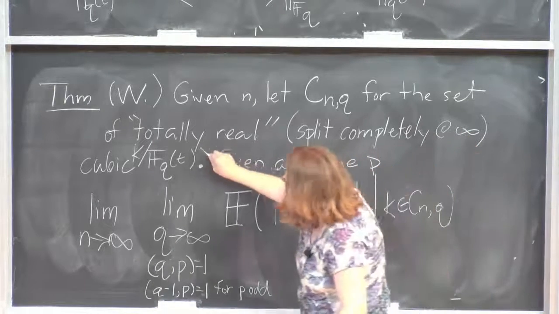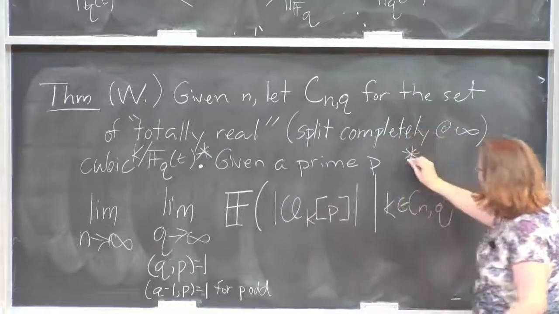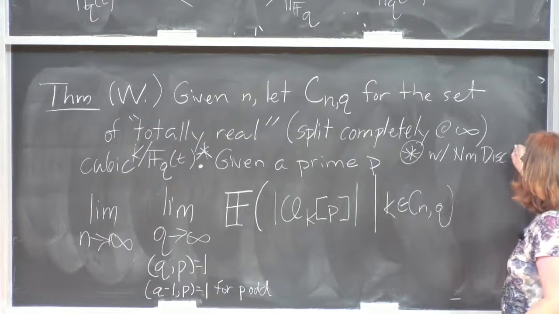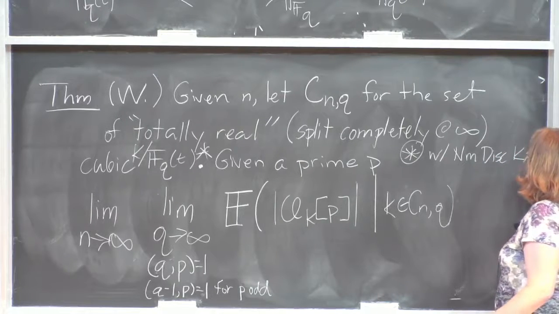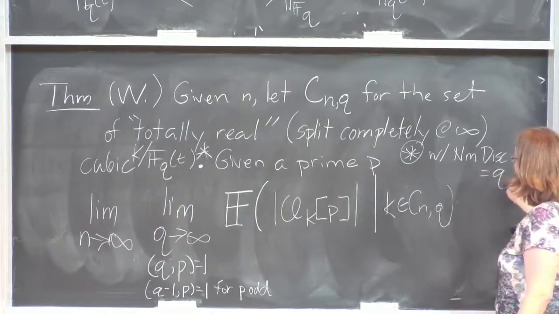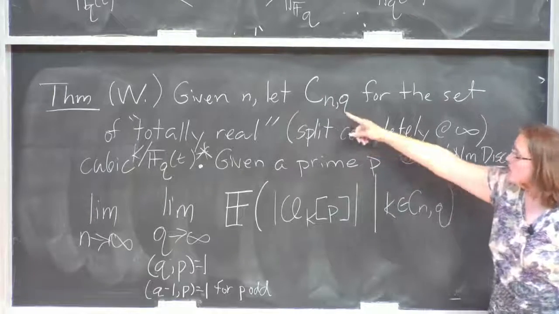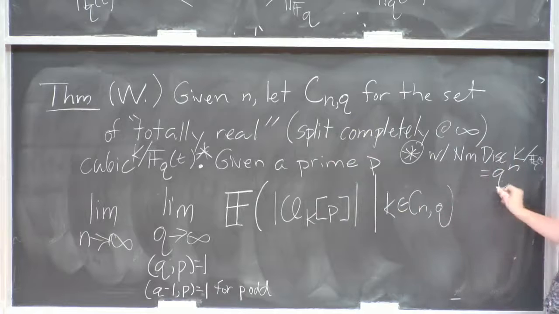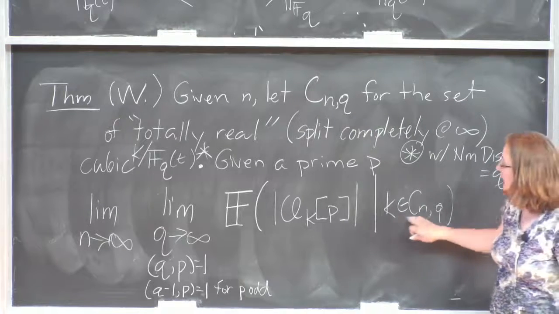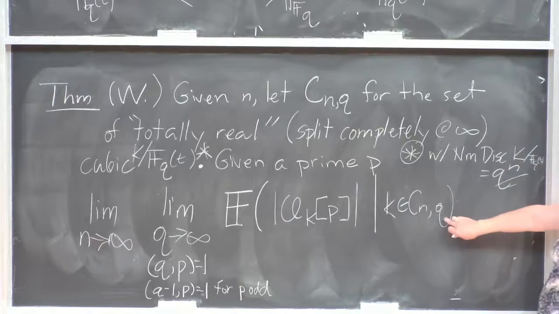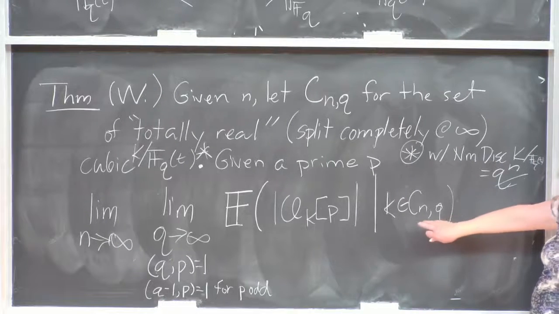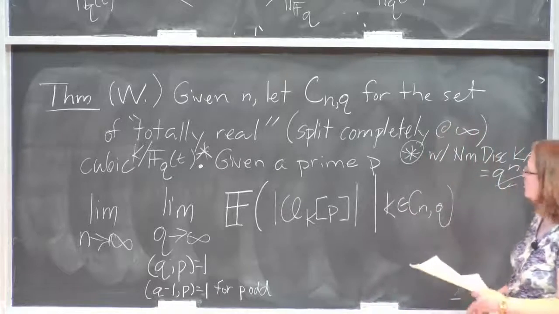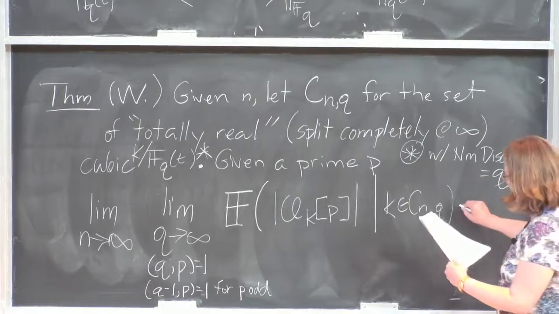Oh sorry, I needed to say in here, there was a reason for the n, with the norm of the discriminant of K over F_q(t) equals q to the n. So q is for the base field, n is measuring the size of the discriminant. And if I average over, that's now a finite set. So I average over this finite set, then I'm going to let q go to infinity, then I'm going to let n go to infinity.